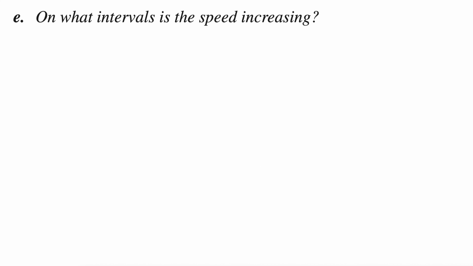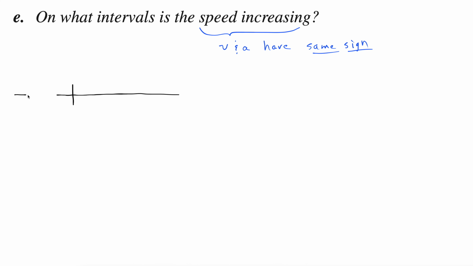Part E asks, on what intervals is the speed increasing? The key to figure out where speed is increasing is to note where velocity and acceleration have the same sign. The same sign. That's what makes it all come together. Let's try and intuit what's happening here physically. So we have some kind of force back here, like maybe a magnet or something.